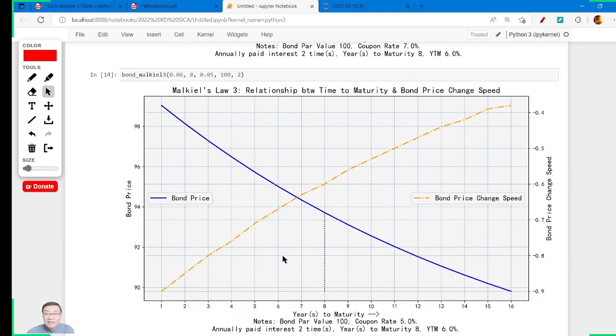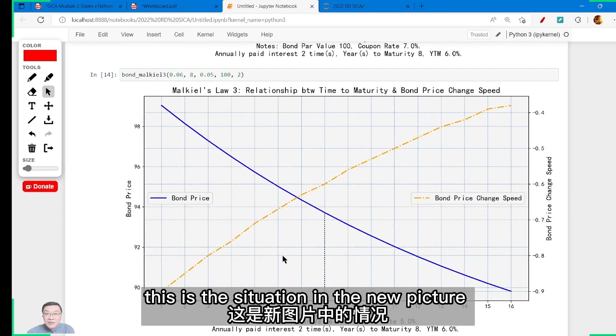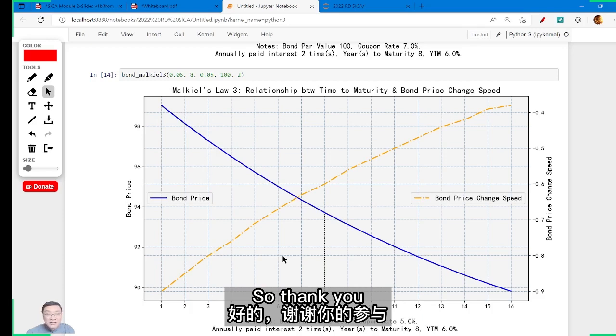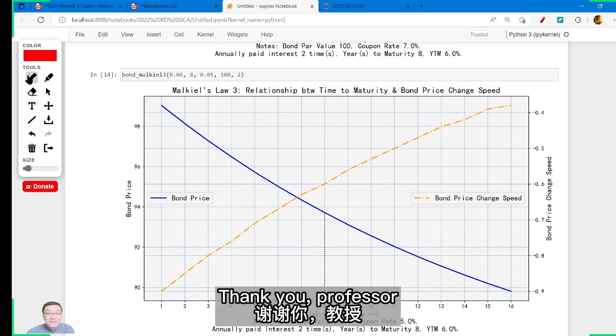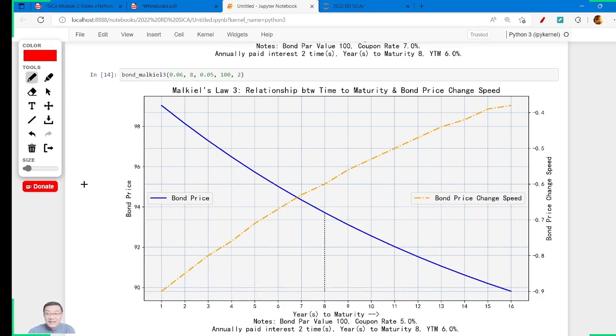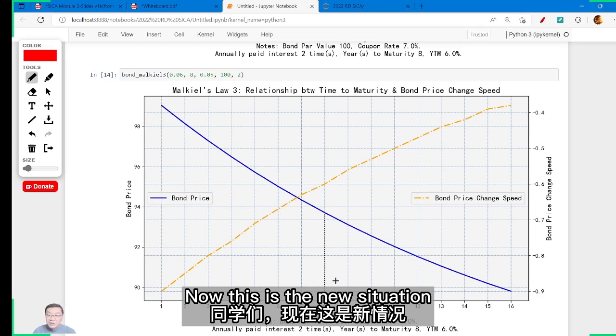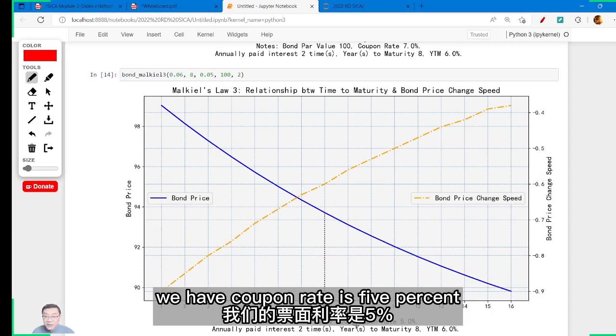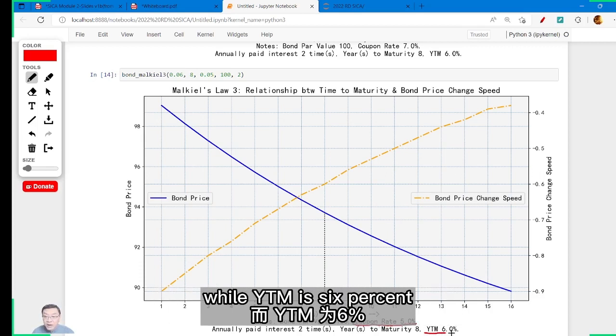Wow. This is the situation in the new picture. I think you are all right. So thank you, Siyuan. Thank you, Professor. Now, this is the new situation. We have a coupon rate of 5%, while YTM is 6%.